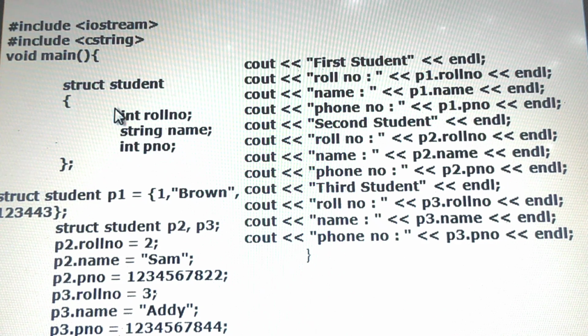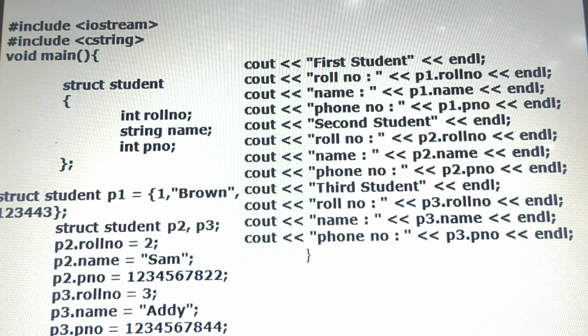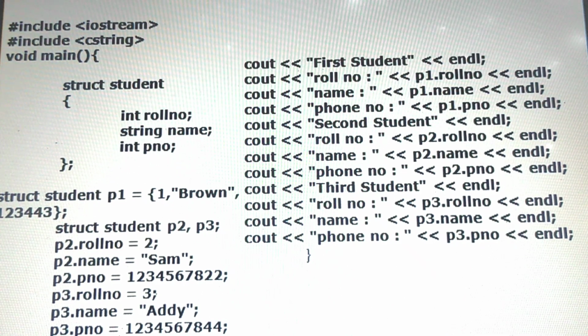The define section is over. Next we have to declare the structure with objects. In this program we are using 3 students' details, so we need 3 objects: the first object for the first student, the second for the second student, and the third for the third student. We'll take the first object first: struct student P1.